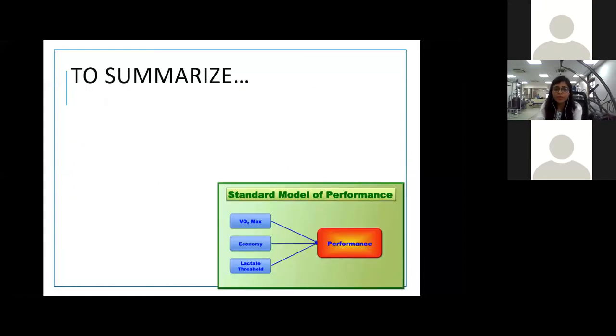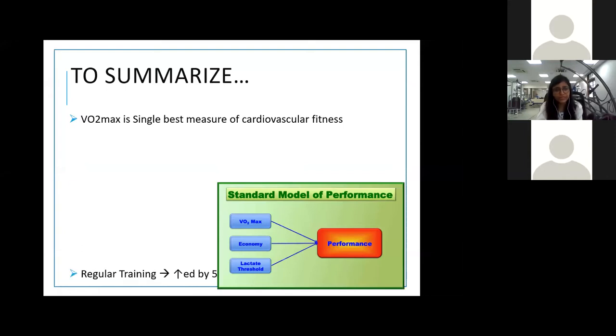Now, to summarize how VO2 max direct testing could be useful: one, it is the single best measure of cardiovascular fitness. Two, it is increased with regular training.